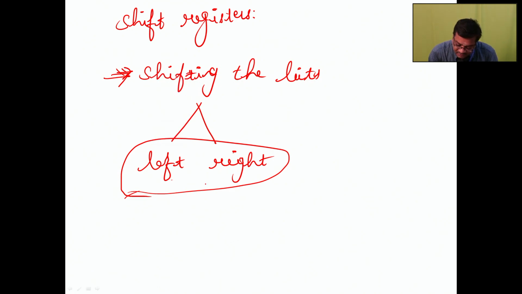Either it can be left side or right side; we have to denote this. And we have to calculate how many flip-flops are needed, and the number of bits shifted, either left or right. We have to denote all these things. Those are all the circuits we have to follow with the K map.